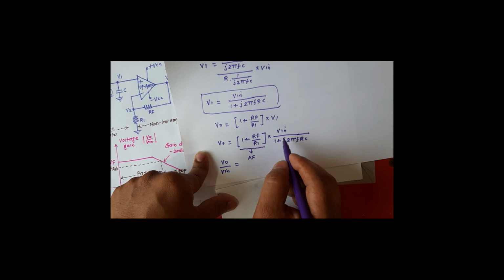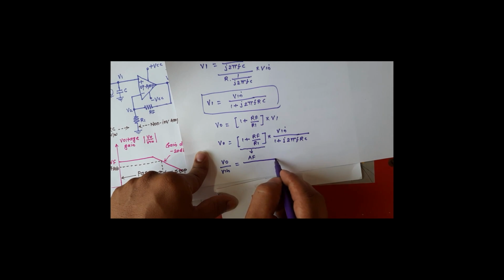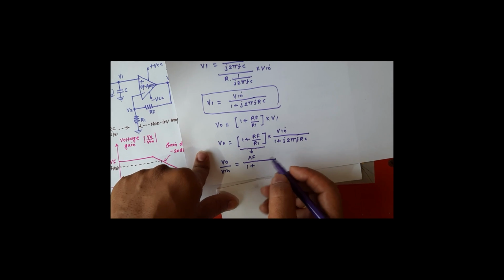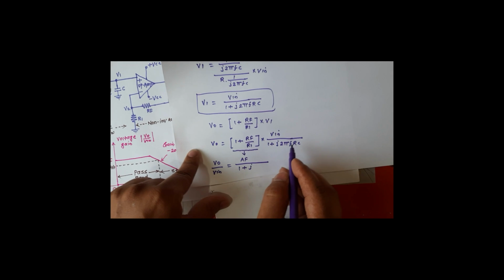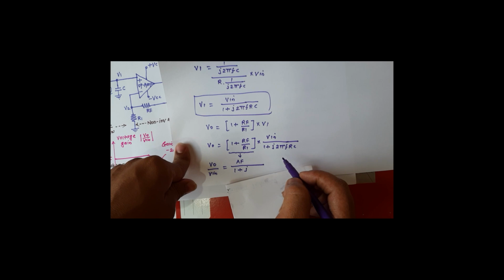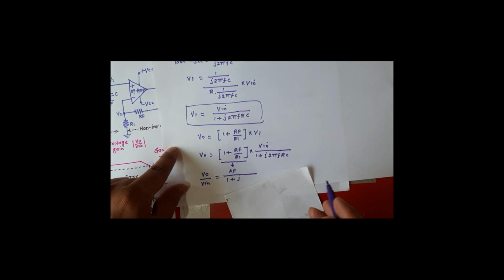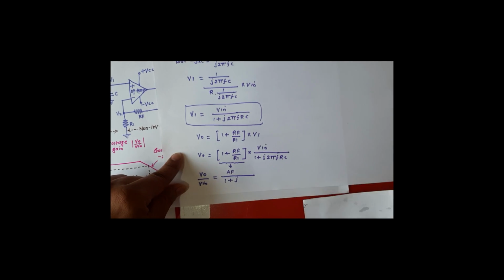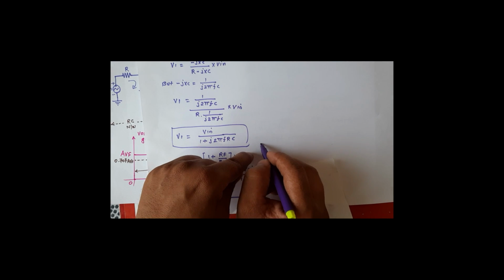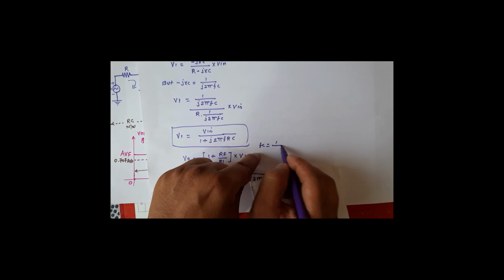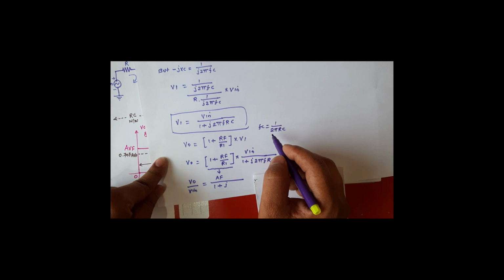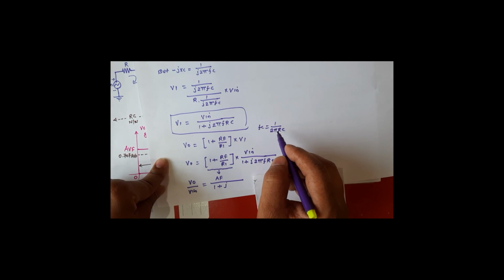After that, Vin is here upon 1 plus j, and as you know, here is one cutoff frequency fC. This cutoff frequency fC is nothing but 1 upon 2πRC. fC is equal to 1 upon 2πRC. So this is the high cutoff frequency of the filter.